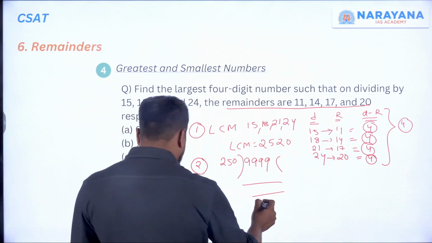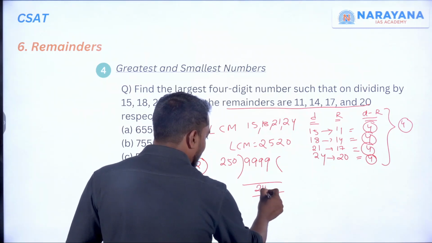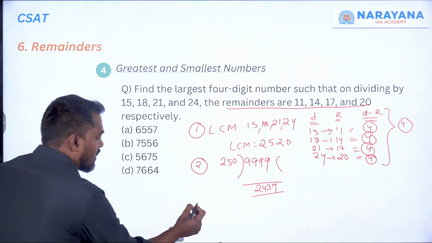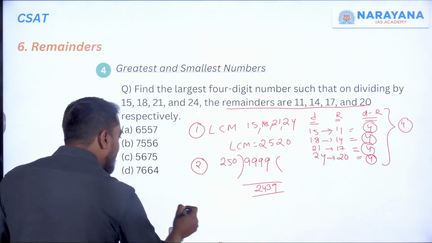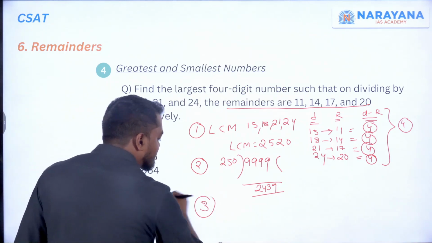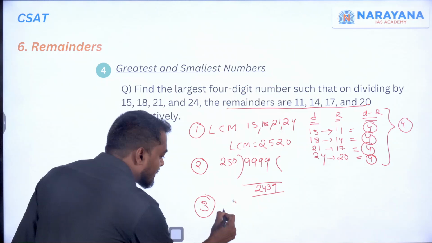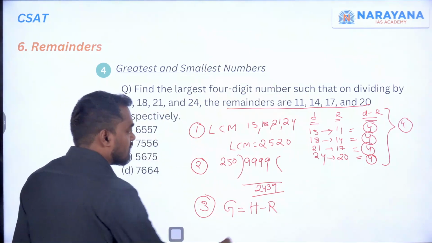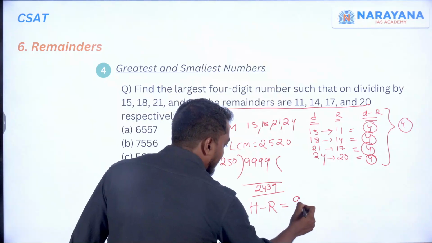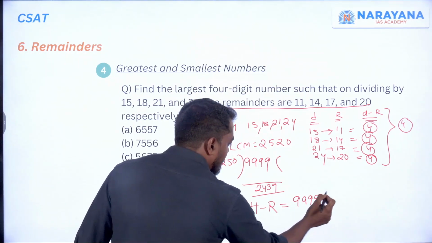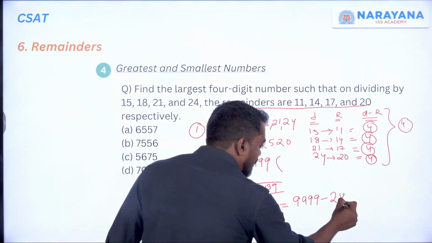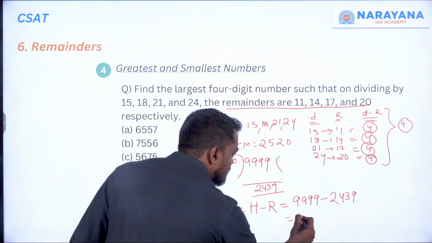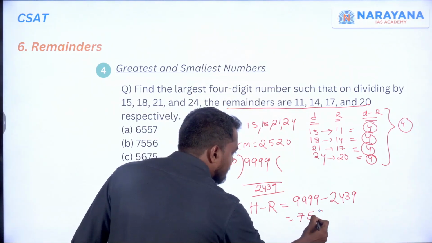You will get the remainder as 2439. This is your remainder. Now, what is the next step? When they are asking for greatest, you have to apply the formula highest minus r. What is this highest? 9999 minus remainder 2439. That is nothing but 7560.